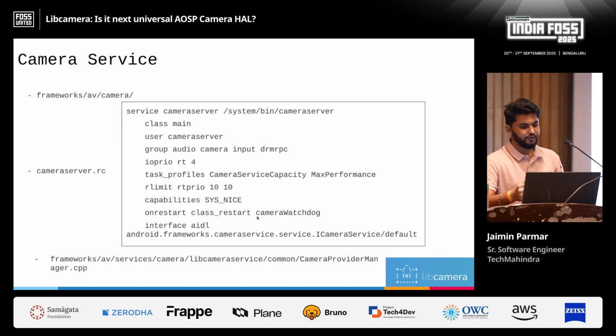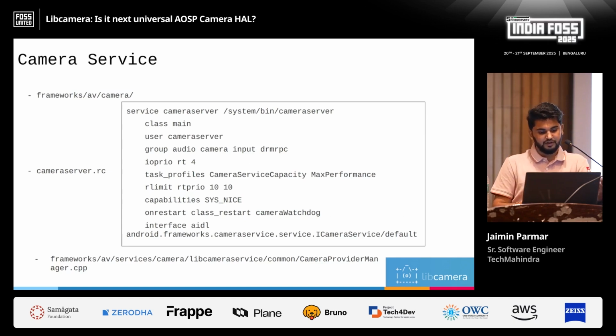So once the init process starts the camera service, it also starts the camera provider manager. What this camera provider manager does is find out how many camera HALs there are.